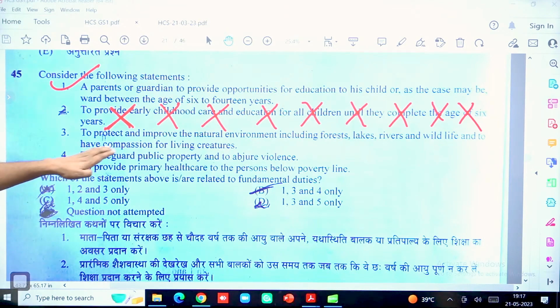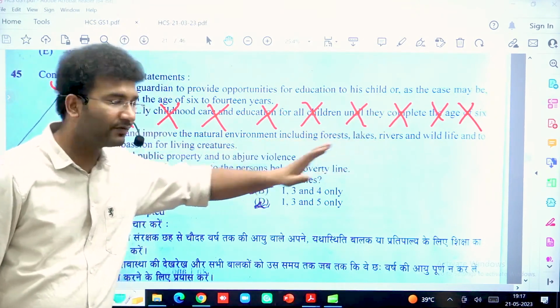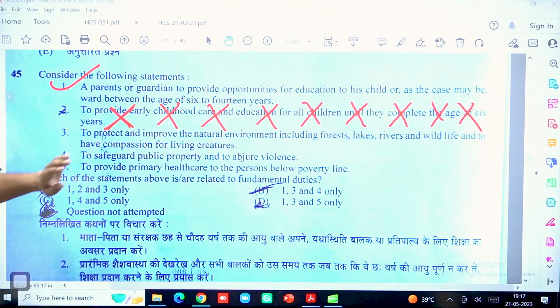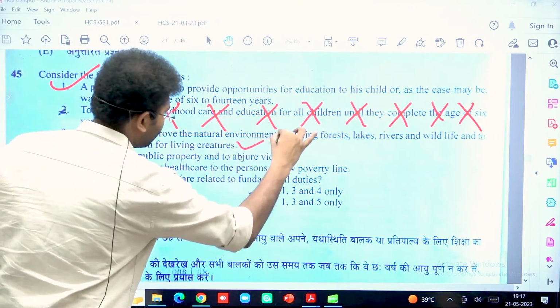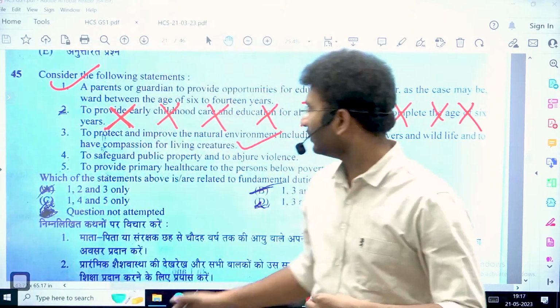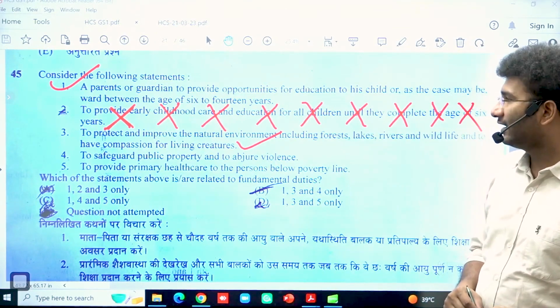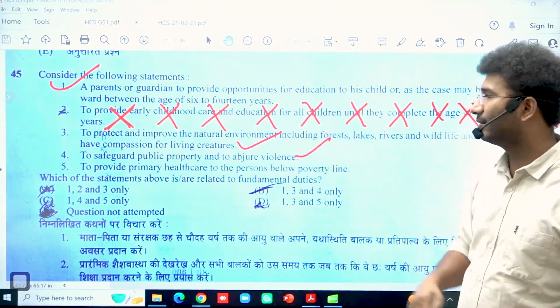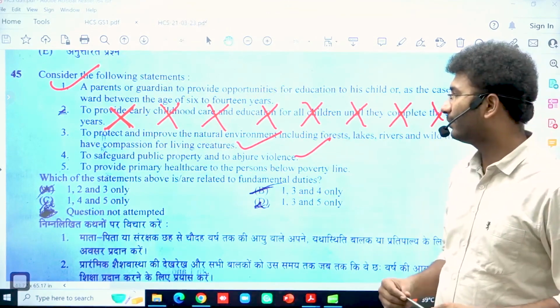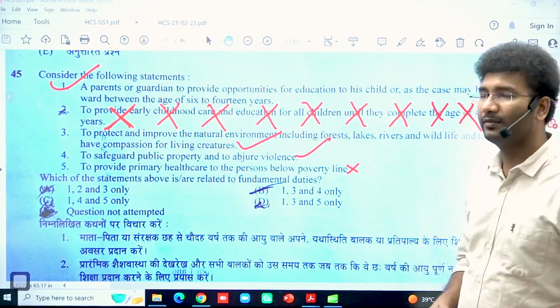To protect and improve the natural environment, including forests, lakes, rivers, and wildlife, and to have compassion for living creatures, yes, this statement is right. It is part of the fundamental duties. Now, to safeguard public property and to abjure violence, yes, it is also a fundamental duty. And lastly, to provide primary health to persons below the poverty line, no, it is not a fundamental duty.